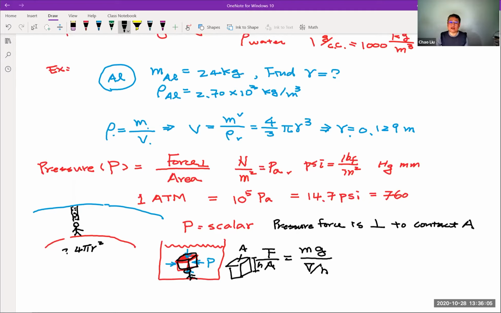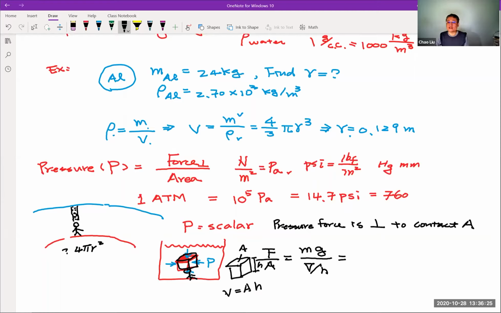Because if you look at the rectangular object, the volume of the rectangular object simply is the area times the height. So volume equals A times height, and I can say A is equal to volume divided by height, which is this one over here.